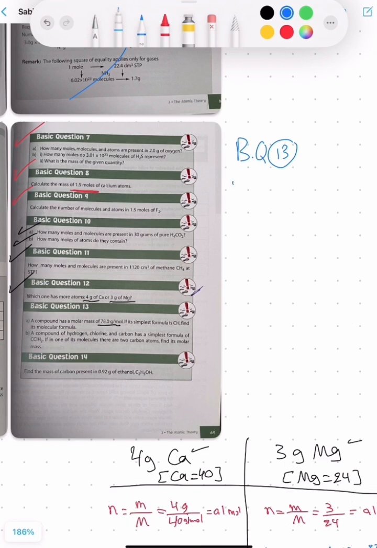Basic question 13b. What do we have? A compound of hydrogen, chlorine and carbon has its simplest formula of CClH2. If in one of its molecules there are 2 carbon atoms, find the molecular mass.